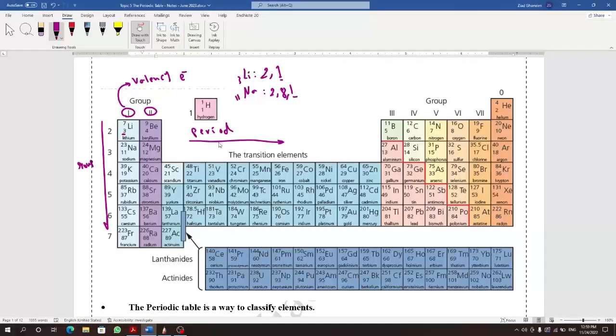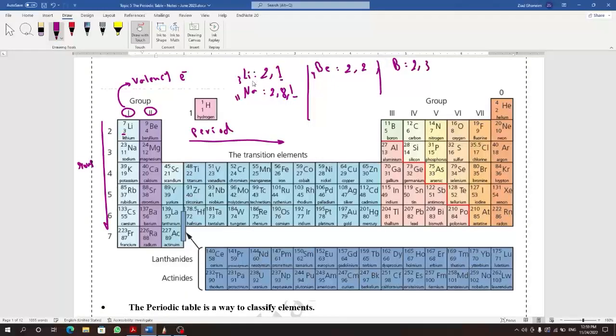In the period, elements in the same period have the same number of energy shells. So for example, here we have lithium and beryllium and boron. Let's check these out. Lithium has the electronic configuration 2, 1. Beryllium has the electronic configuration 2, 2, and boron has the electronic configuration 2, 3.